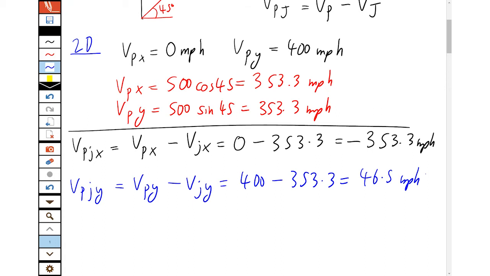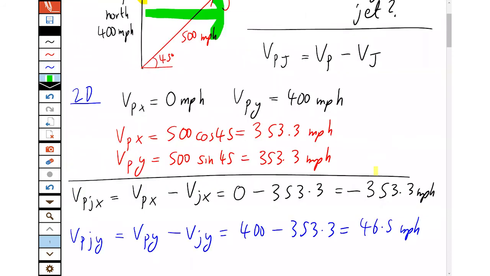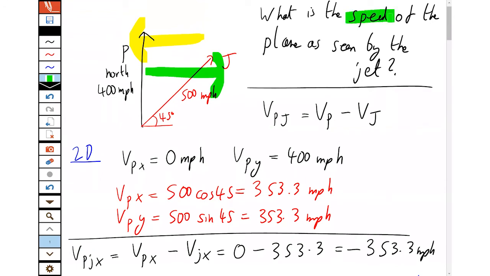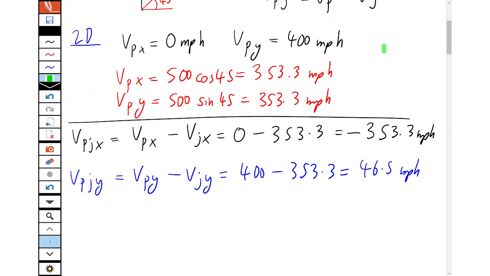And now, it always feels good to work out a bunch of numbers, but you always want to check, hang on, did I actually answer the question? We were asked for the speed, which is just the size of the velocity. We've got the x component and the y component. So to work out the speed, it's the square root of the sum of the x component squared plus the y component squared.